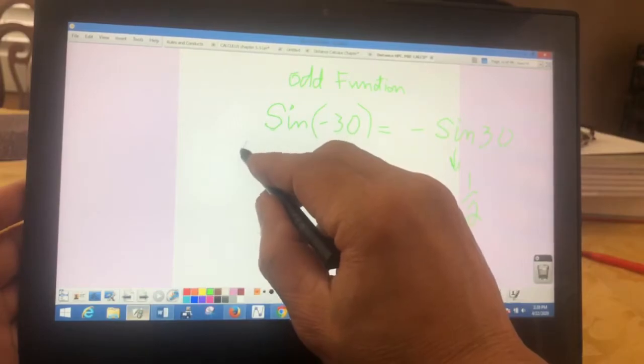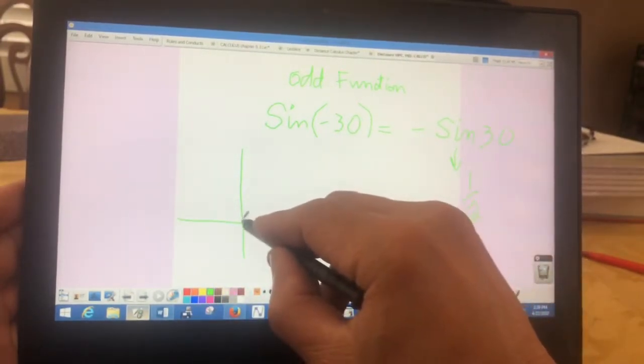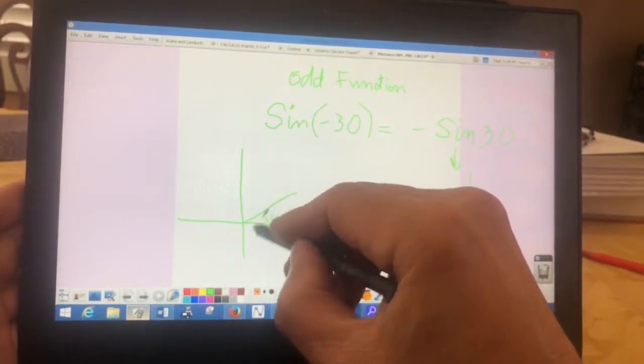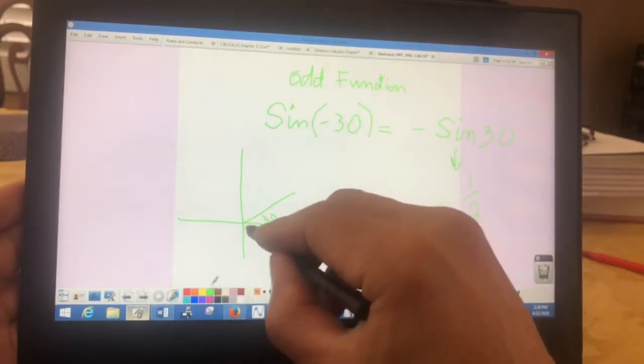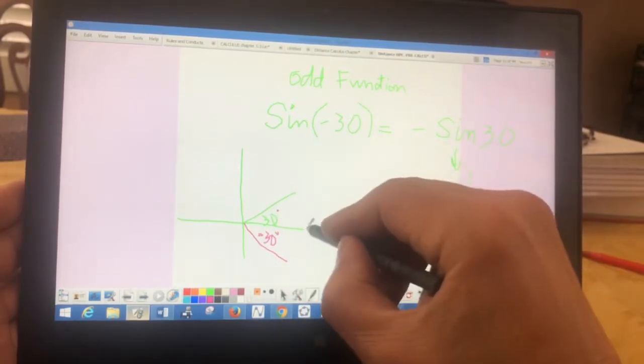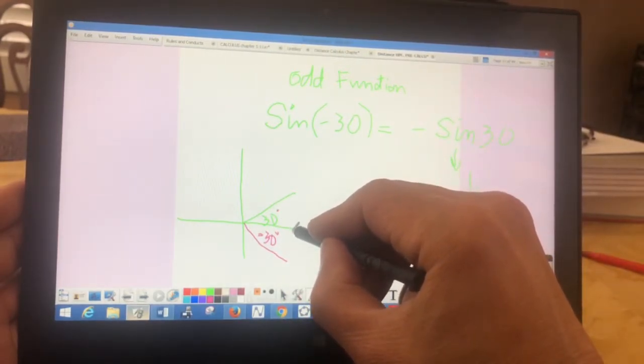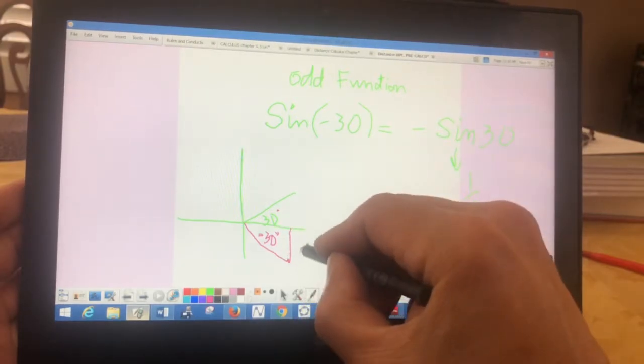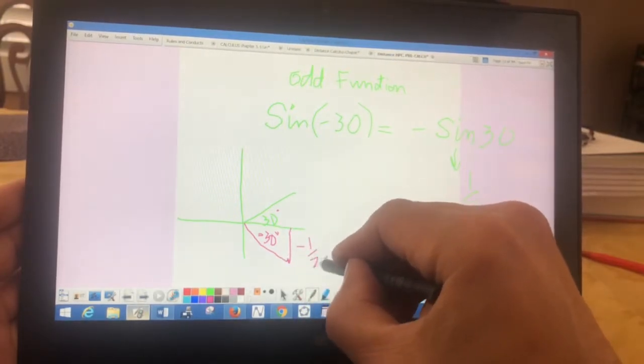Now look at your unit circle. Your 30 degrees is over here. A negative 30 degrees goes this way. So this is negative 30 degrees. Okay? So sine of negative 30 is this way. So that's negative 1/2 coming down.